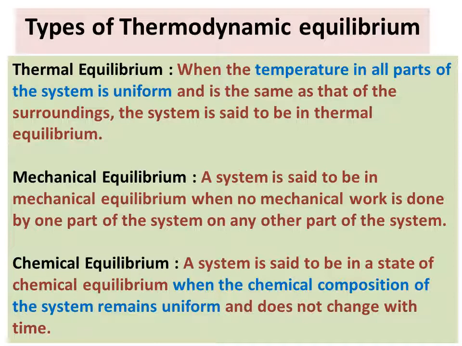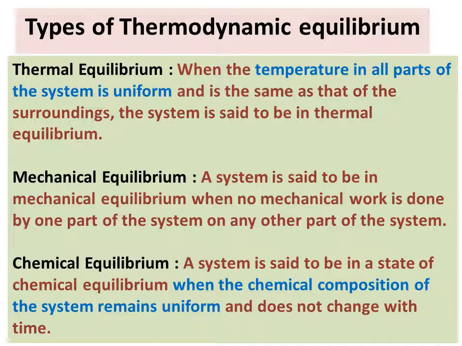When the temperature is uniform throughout the system, we say that the whole system is under thermal equilibrium. Here temperature is given the significant importance. Thermal equilibrium means constant temperature throughout the system.